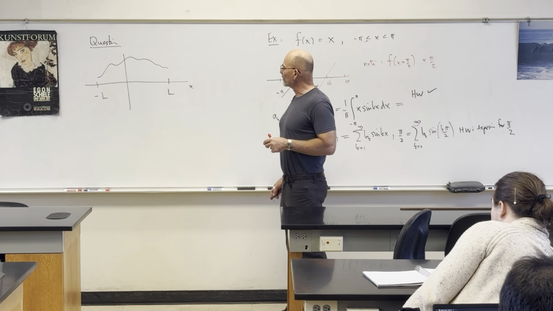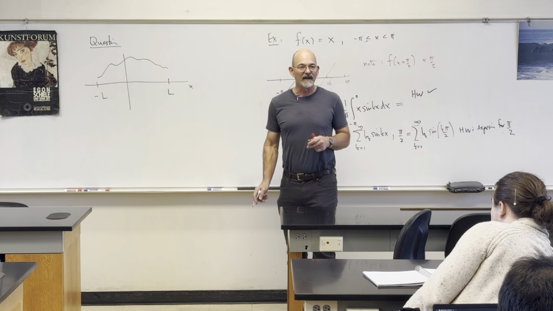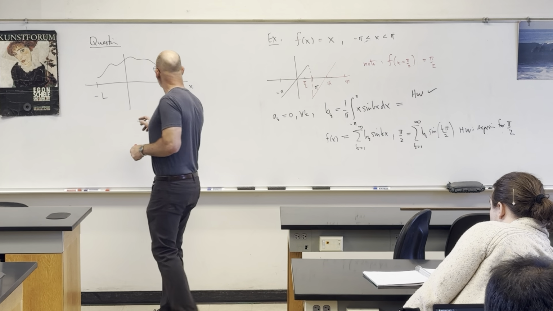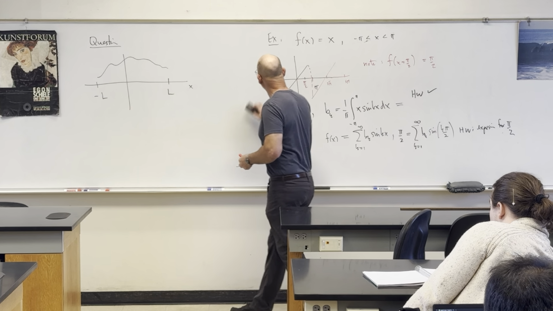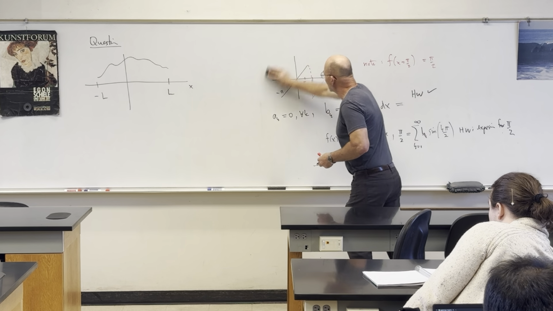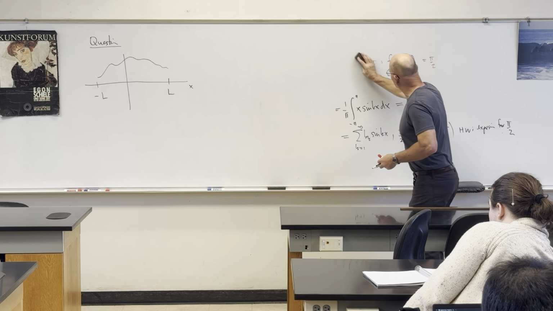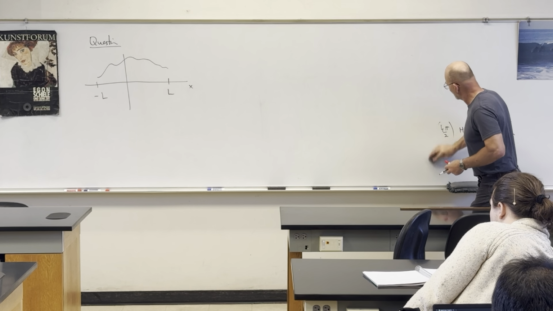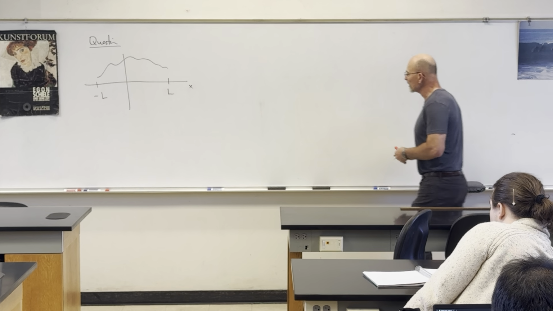Probably the best thing to do is write down our complex formulas again and just kind of stare at them. Okay, so for minus pi to pi, we're just making use of the periodicity of the trigonometric functions. Let's have a look here.